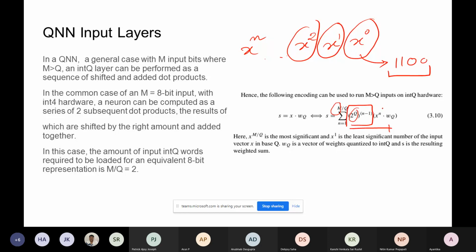So the idea is, if you are doing qubit quantization, you are considering bits B0 to BQ minus 1.